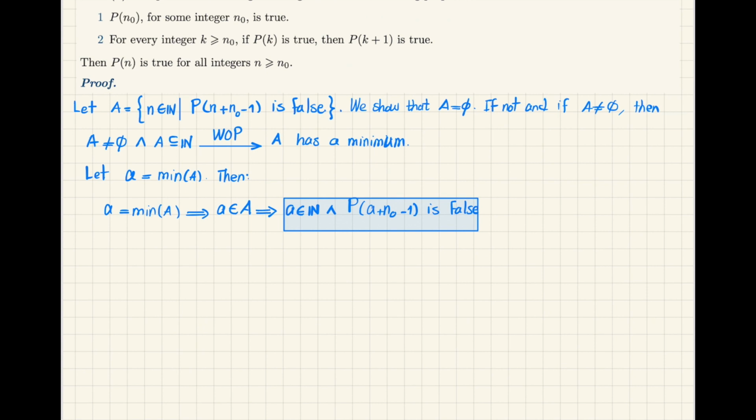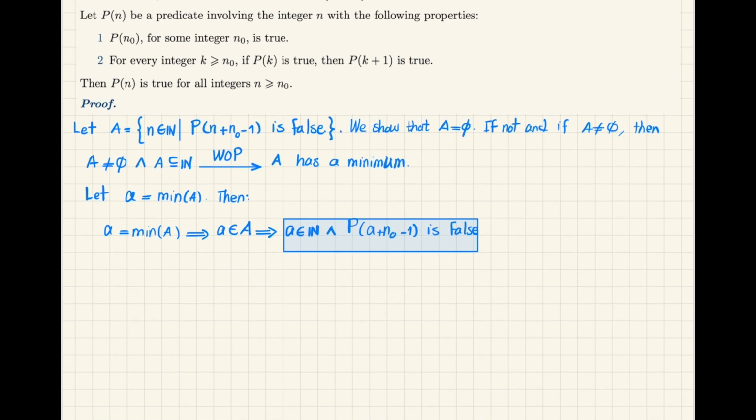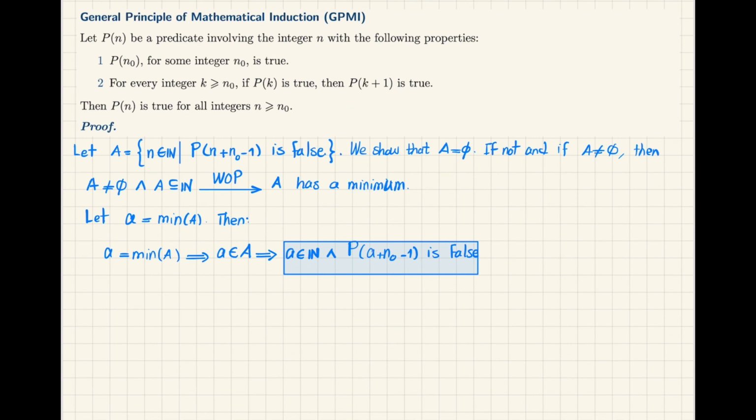Now, what I want to first tell is that this little a is not equal to 1. Yes? Why is that the case? a is not equal to 1 since otherwise, if a is equal to 1, then this statement, p of 1 plus n node minus 1, is false.